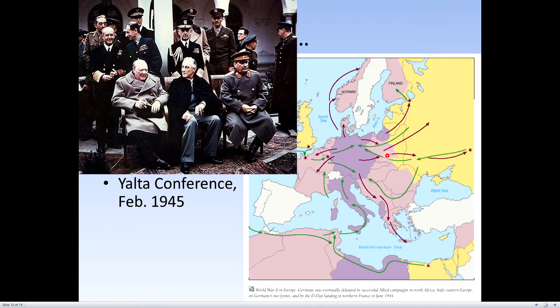So instead, what FDR promises, and Churchill was not happy with this, was that all these countries over here in Eastern Europe are going to have free elections, they say. And these free elections are not going to be very free because the Russian military is going to be there. And so a lot of these are going to turn into communist puppet states after the war.